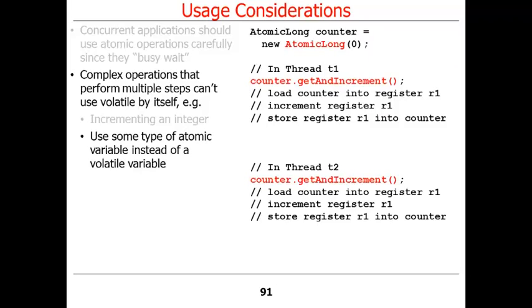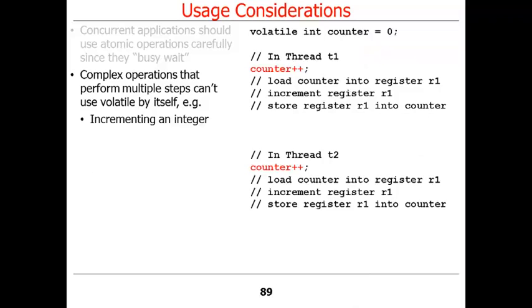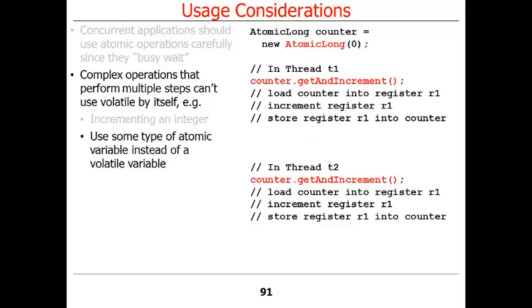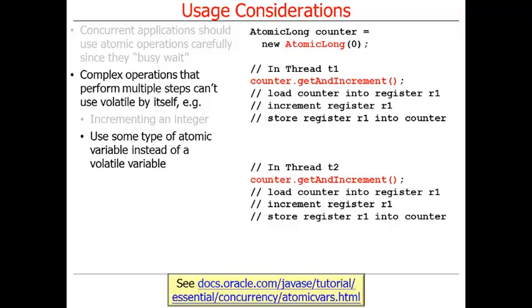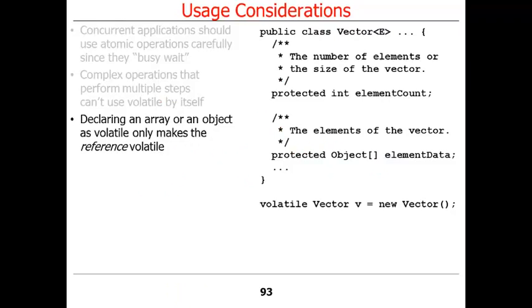It's about the same amount of code to write. Instead of saying volatile int counter equals 0, you say AtomicLong counter equals new AtomicLong(0). That's how you initialize it to 0. Then instead of counter plus plus, you say counter.getAndIncrement(). That does all of these things, but it does them all atomically. So it's easy to use, and also super efficient.